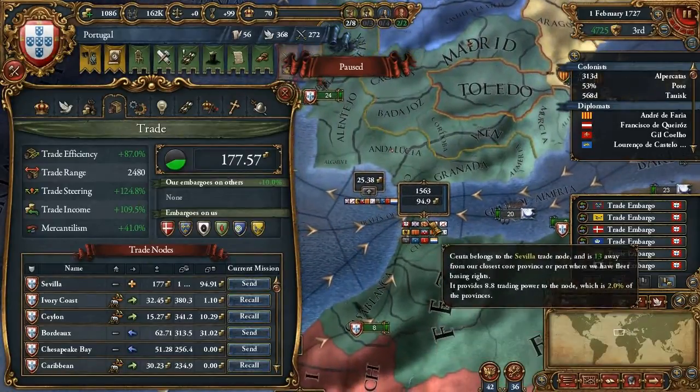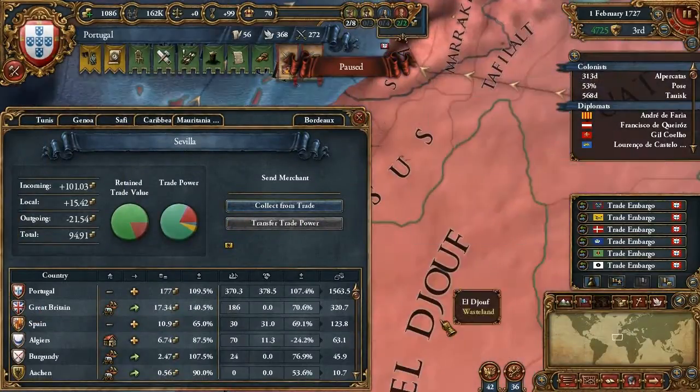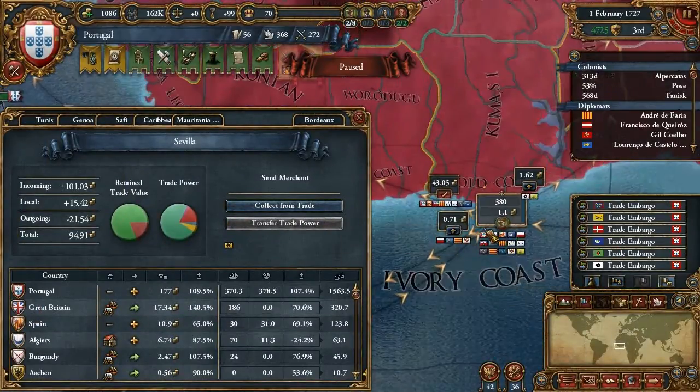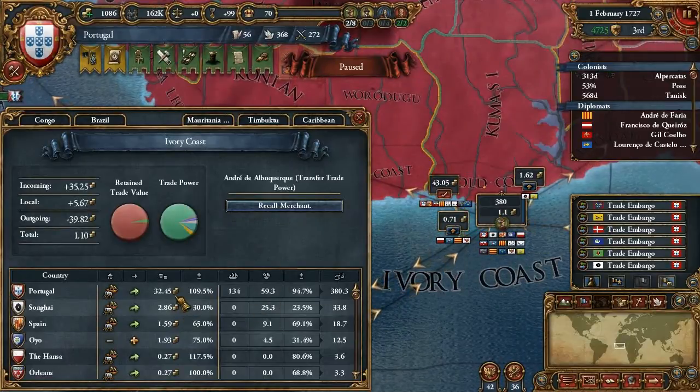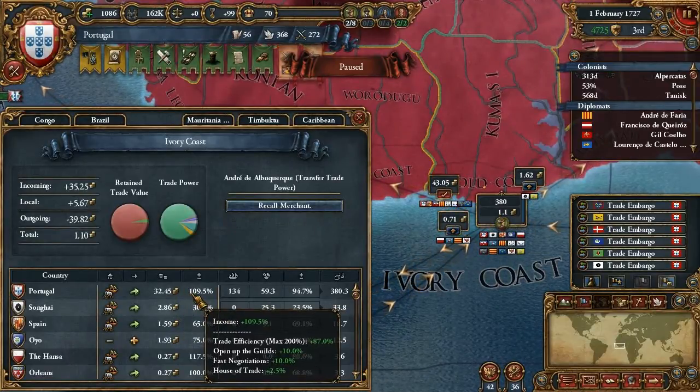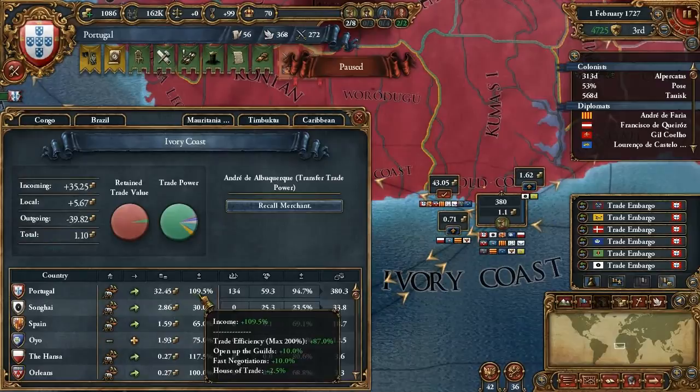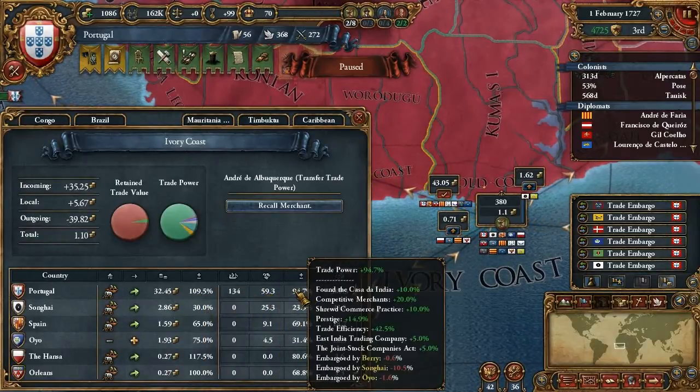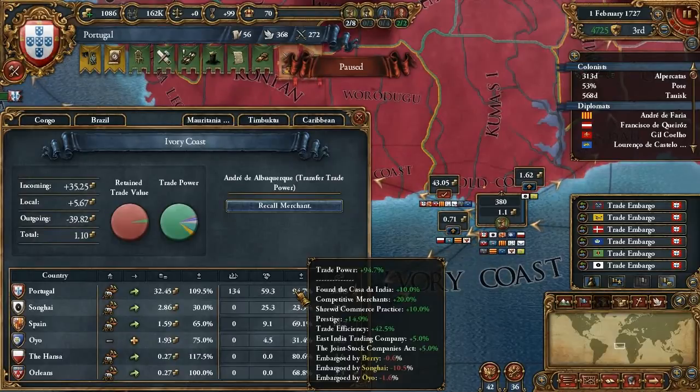And trade steering affects, if we have a look over here, I think somewhere along here it should say trade steering.